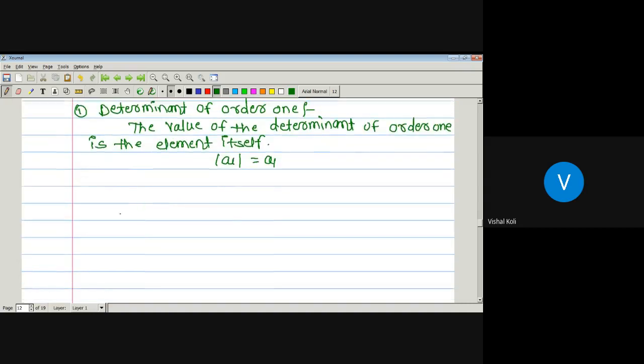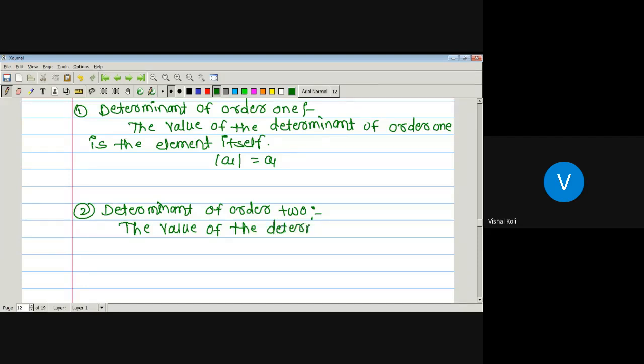Okay, now let us see the determinant of order 2. Okay, so the value of the determinant of order 2, take determinant A1, B1, A2, B2, is A1 B2 minus A2 B1.